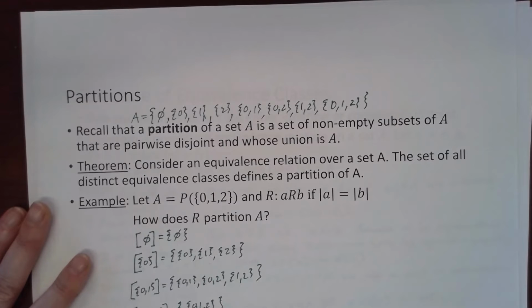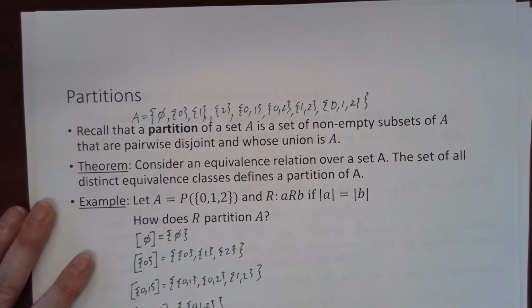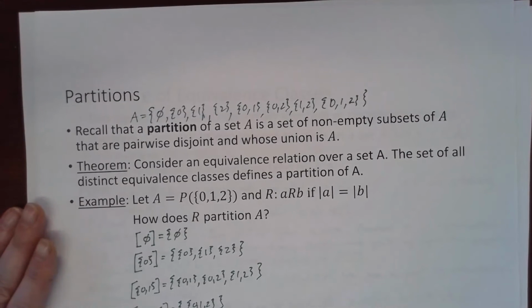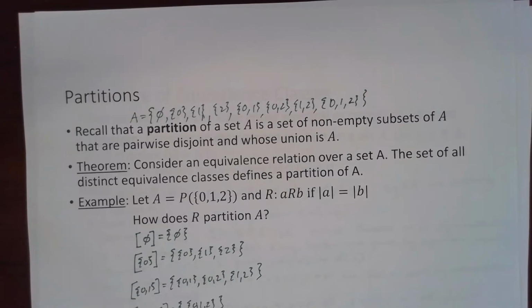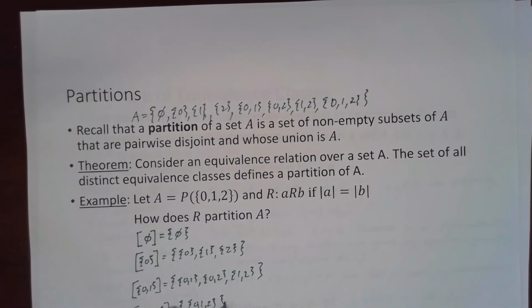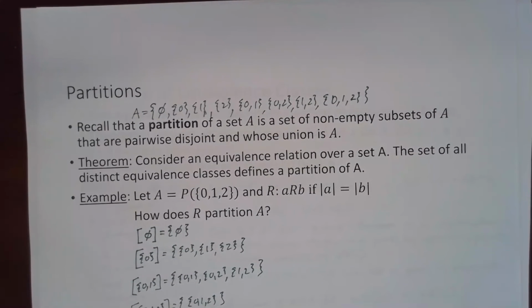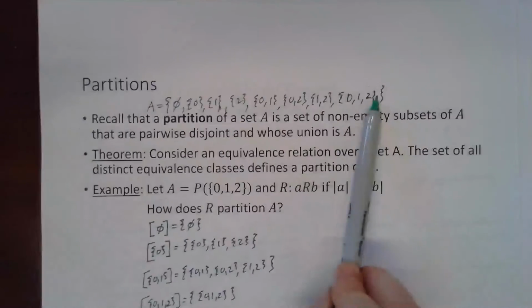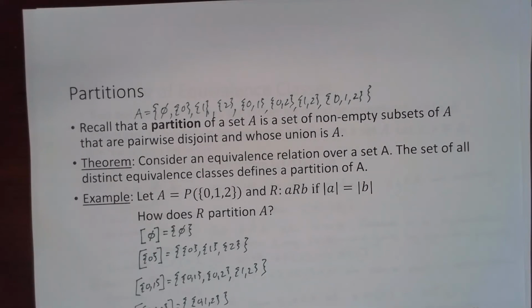All of those elements are sets. And the last item that's in there is that set. So notice, this is a set that contains a non-empty subset of the elements of A.